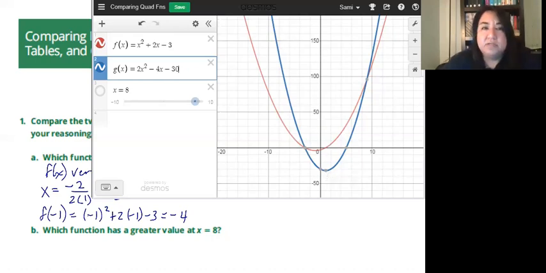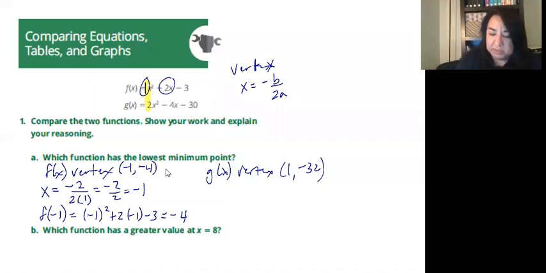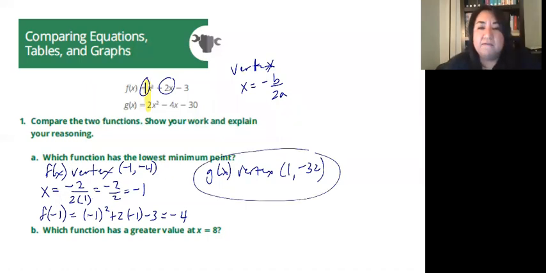So to answer the question, which function has the lowest minimum point, I can see that g of x has the vertex with a lower y value, so g of x has the lowest minimum point. I can see that from the graph too, that it went lower than the other graph.